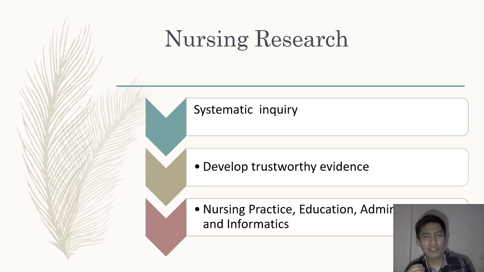We should seek if the new modalities of teaching are effective. In administration, how we deal with our staff and our patients. In informatics, whether this information system contributes to the knowledge of our students and the safety of our patients.